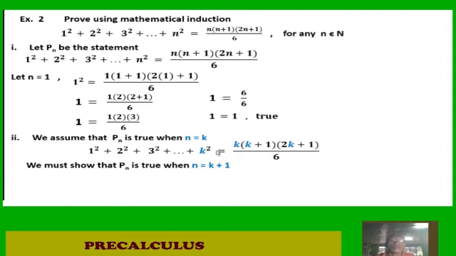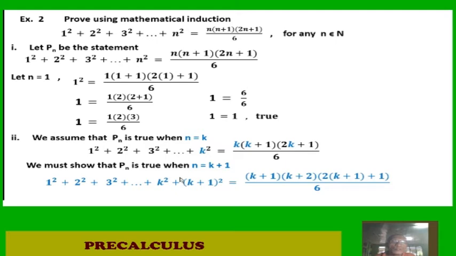So n here is replaced with k plus 1. So we have to add one term because k this time is k plus 1 and n is k plus 1. So n plus 1 is k plus 2. This is replaced with k plus 1.